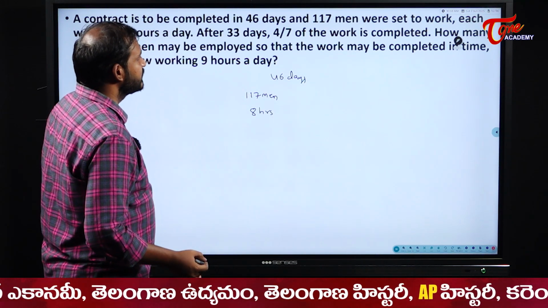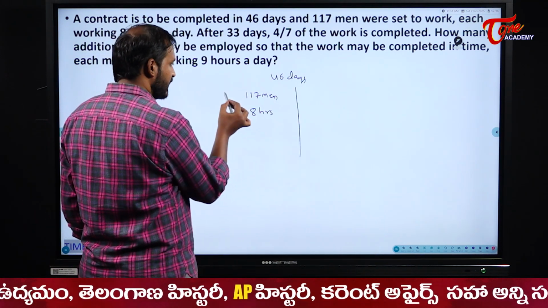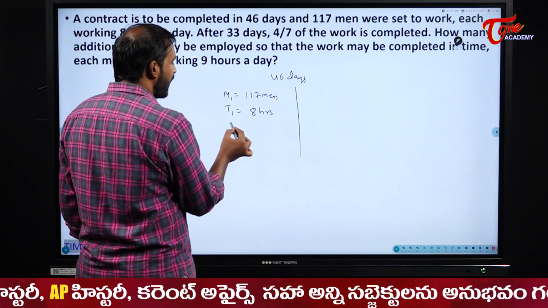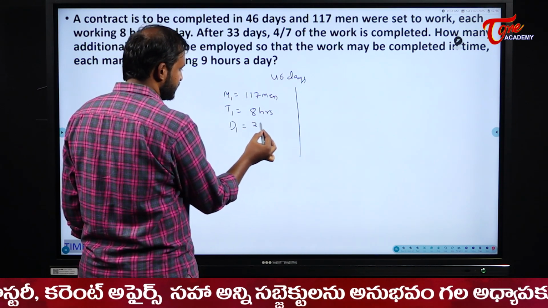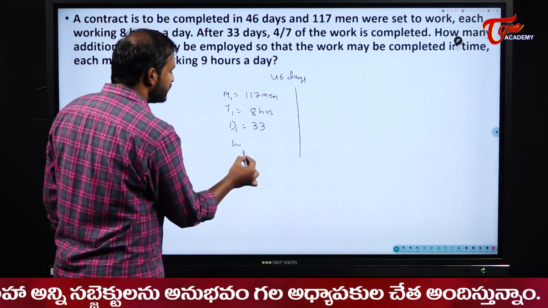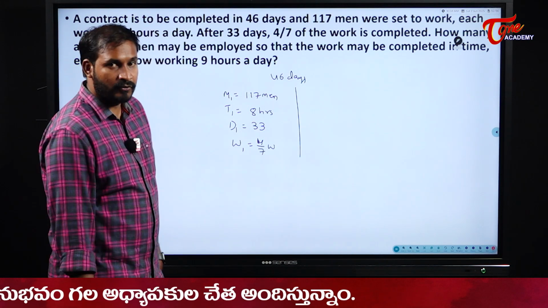After 33 days, 4/7 of the work is completed. Like this, M1 is 117 and T1 is 8 hours. After 33 days, 4/7 of the work is finished. So W here is 4/7 of W.